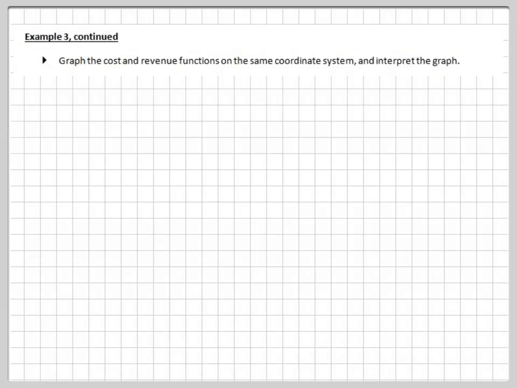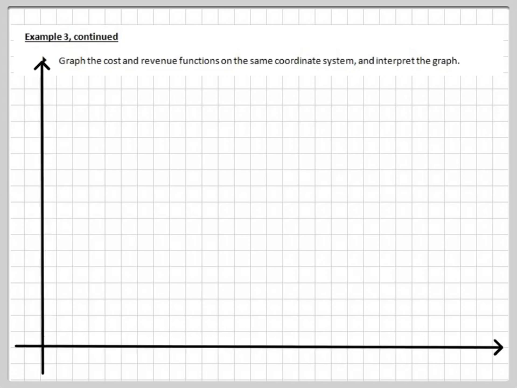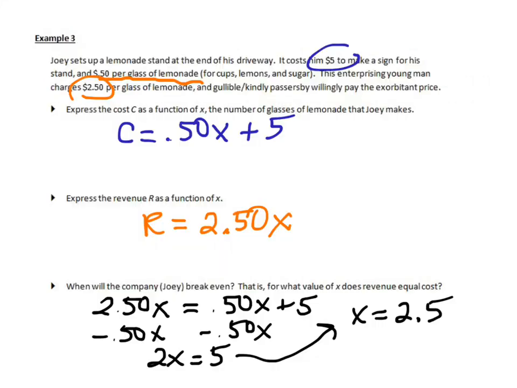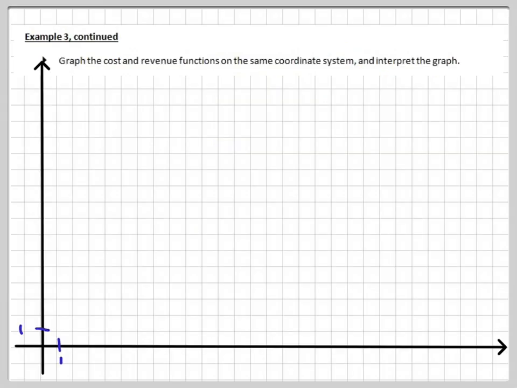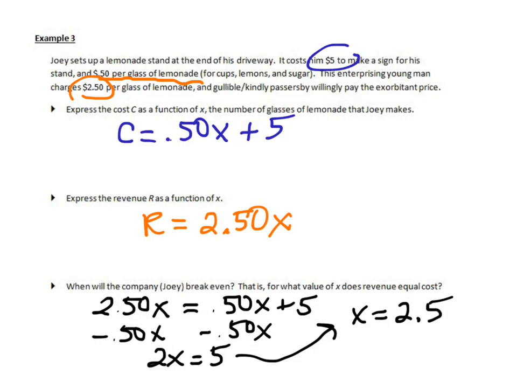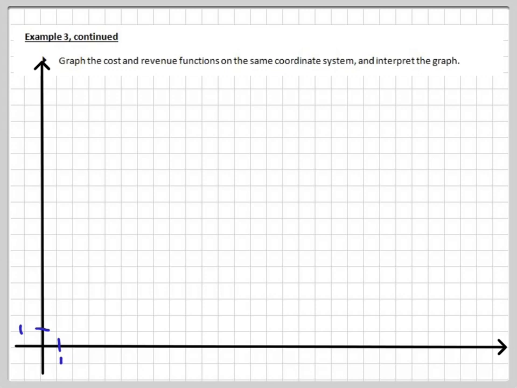All right, so this is a very small scale, so this time I'll choose just small numbers for my axes. And I may even just want to go by ones here. All right, so I have cost 0.50x plus 5. And actually this is so small, maybe I should even go by something larger than ones.